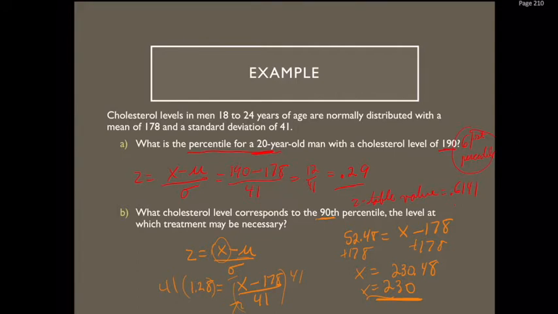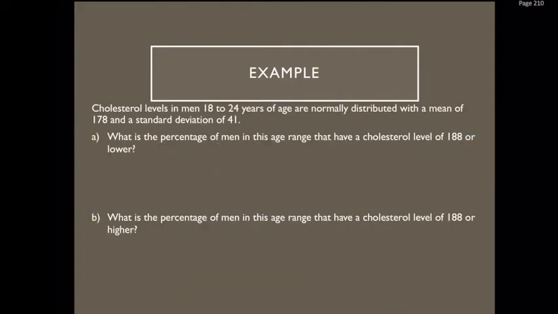Okay, let's go through a couple more examples. So what's the percentage of men in this age range that have a cholesterol level of 188 or lower? Okay, so I'm going to take my z-score because it gives me the values lower, right? So if I have a normal distribution, I've got my mean in the middle, got 188 up here.